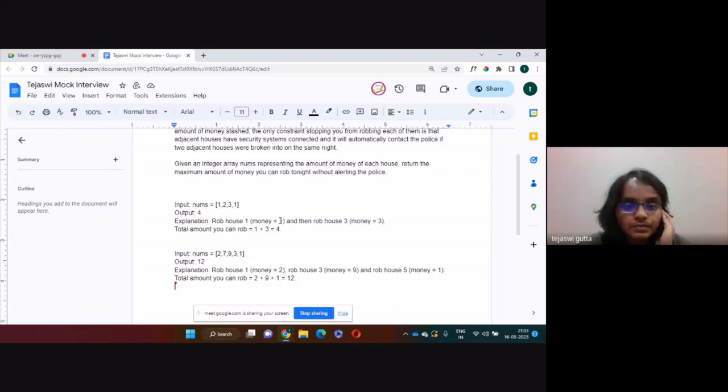So I'll see if I can make the maximum amount by robbing the house or by not robbing the house. If I rob the house, I won't be able to rob the next house, and if I don't rob this house, I will be able to rob the next house.